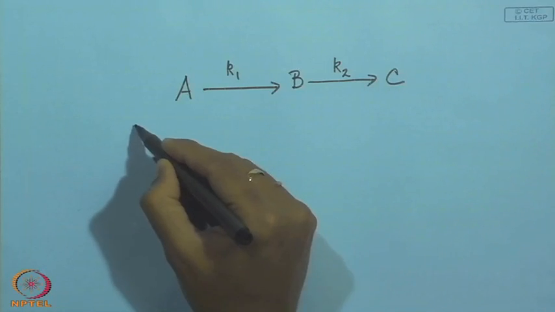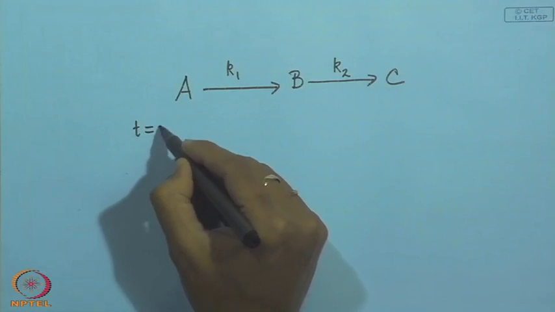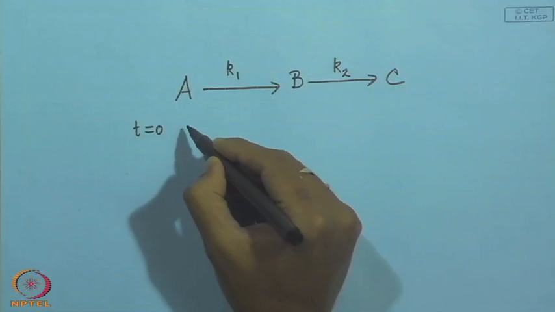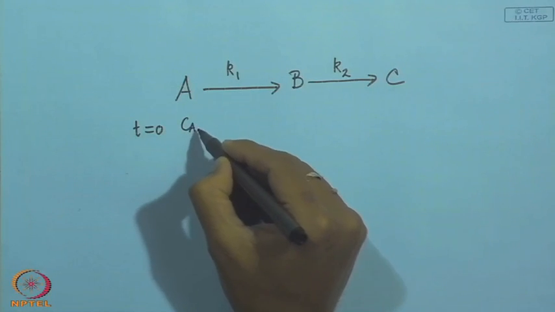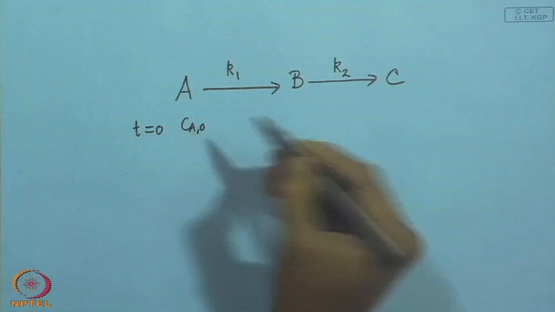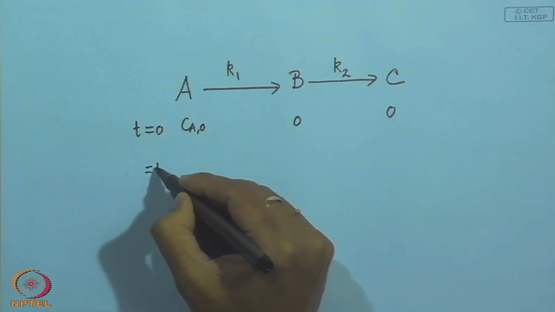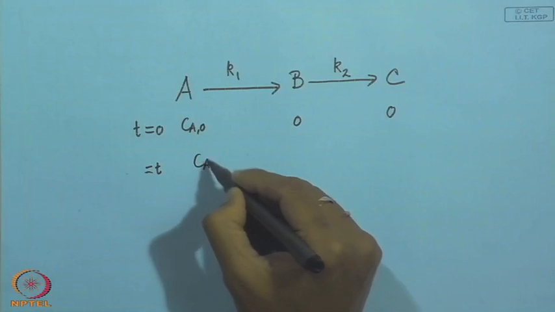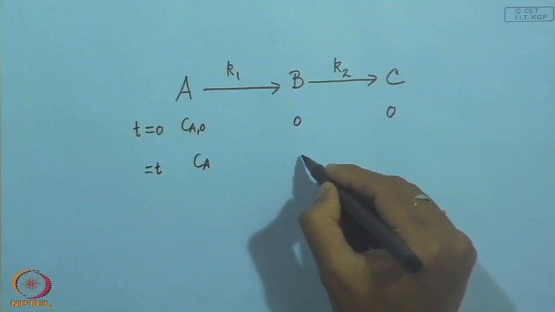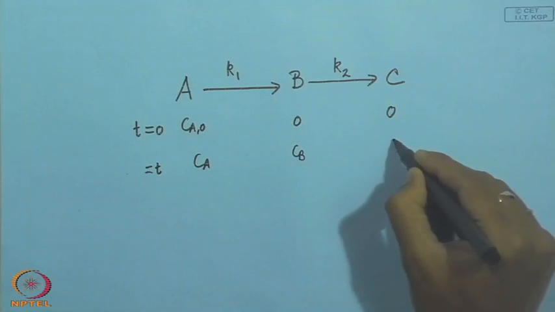At t equal to 0, Ca0 it is, and B and C are 0. At t equal to t, the concentration of A is Ca, and this is Cb and this is Cc.